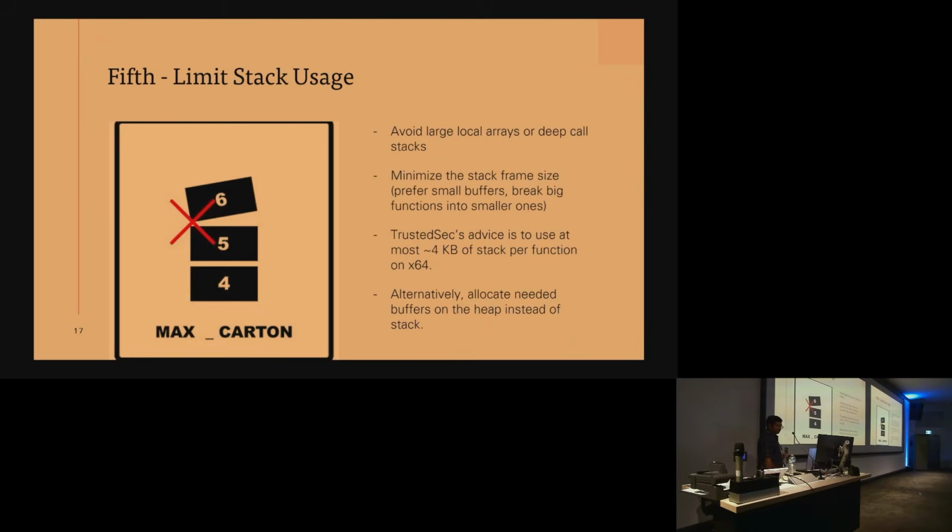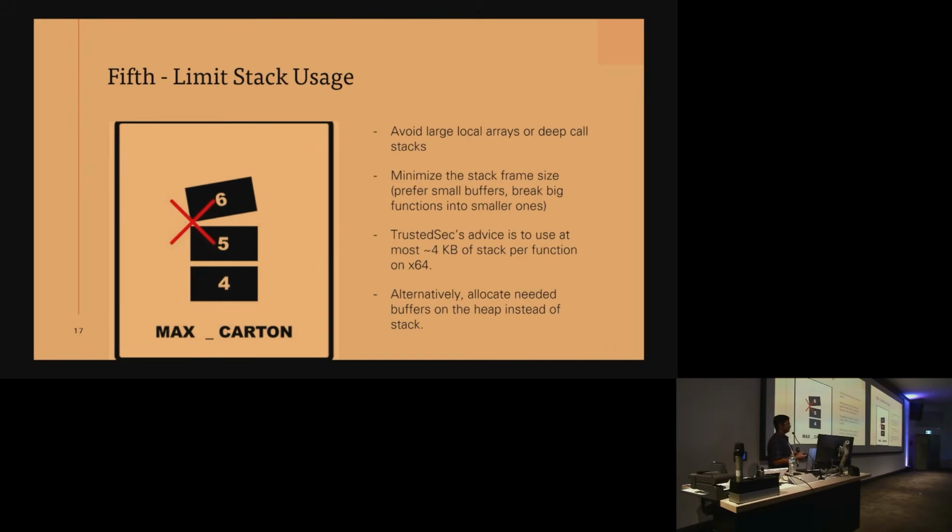And the next one would be to limit stack use. If you remember that I said before that if stacks are more than 4 KB, then they usually cause a crash, and you can avoid that by avoiding large local arrays or deep call stacks, and just avoid recursion altogether.